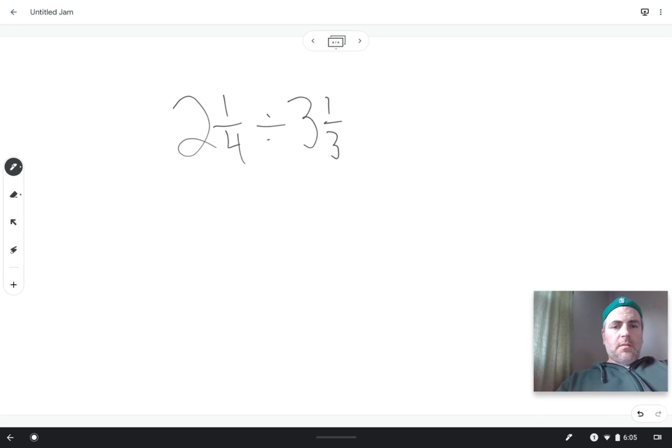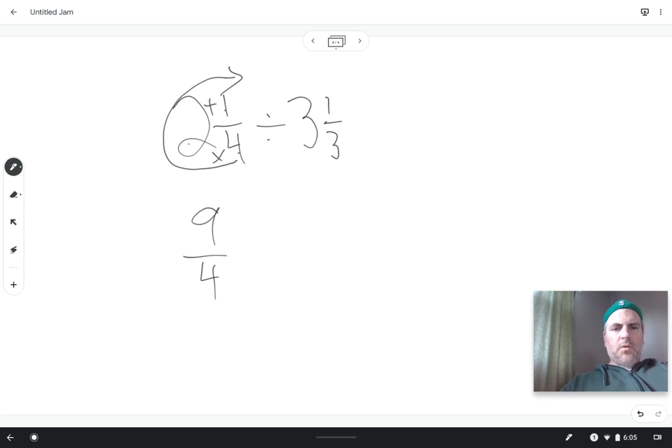Remember, we use this technique: multiply and add. 4 times 2 plus 1 is 9. So that's 9/4. To check, 4 goes into 9 two times. 2 times 4 is 8, so there will be a remainder of 1. 1 divided by 4, 2 and 1/4.